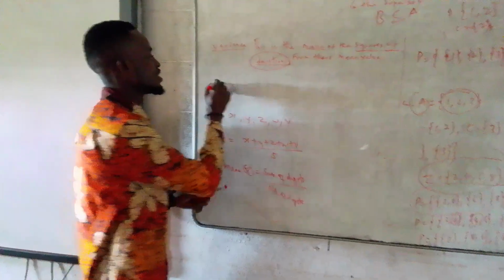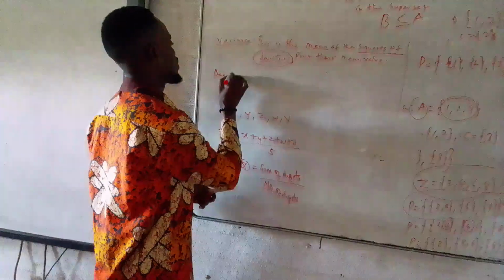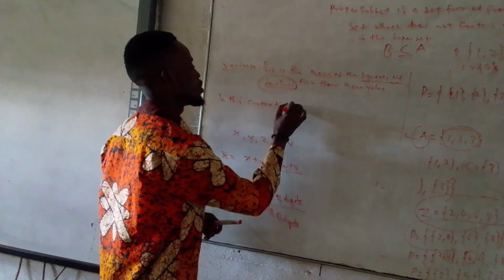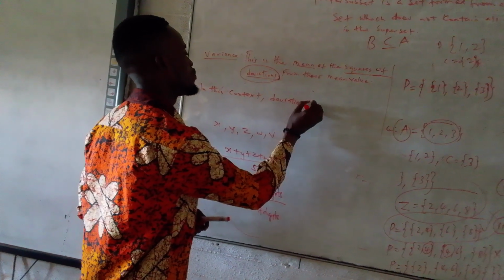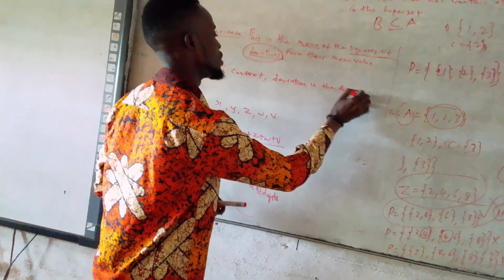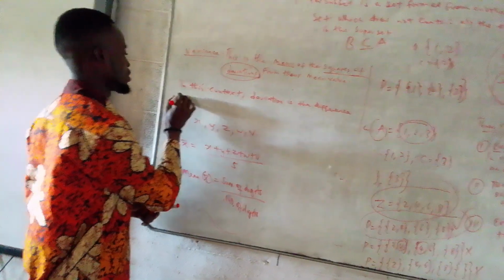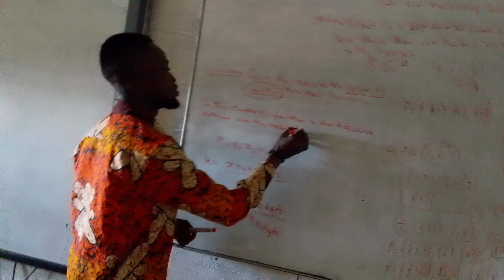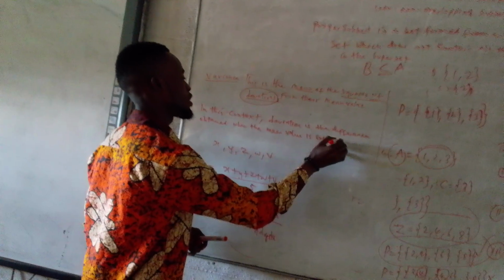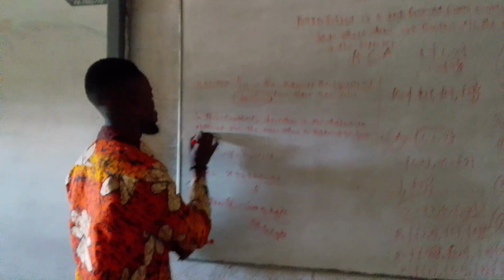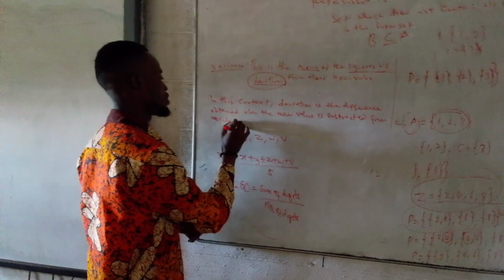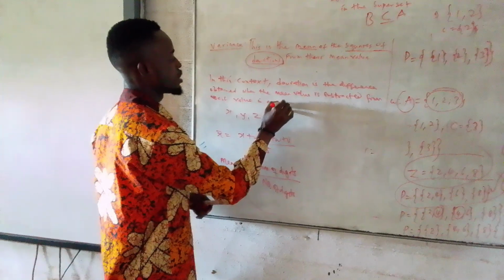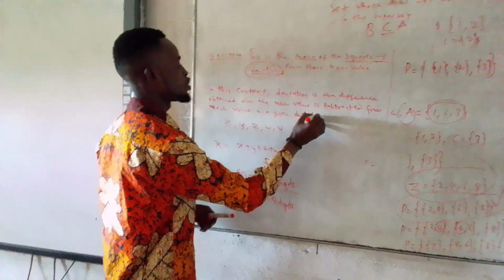But can you write it? Okay. So deviation, in this context, is the difference obtained when the mean value is subtracted from each value in a given distribution.